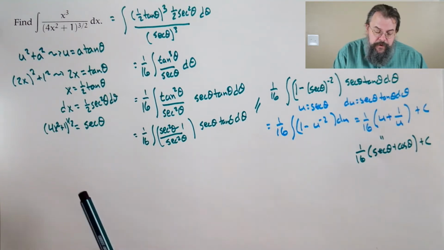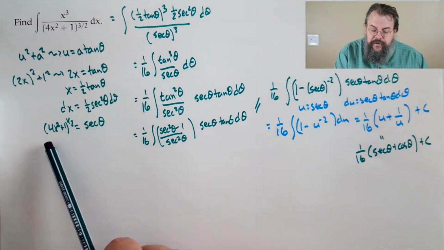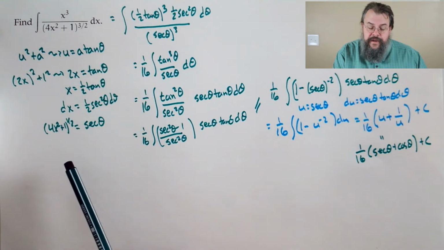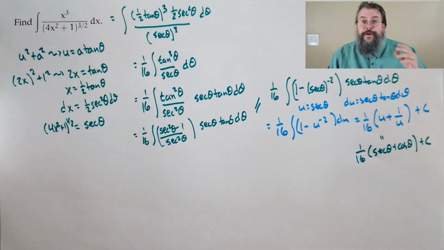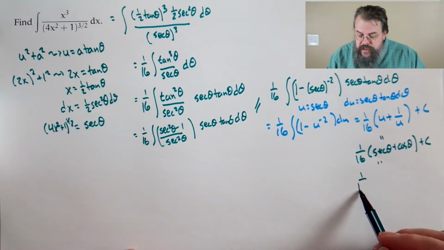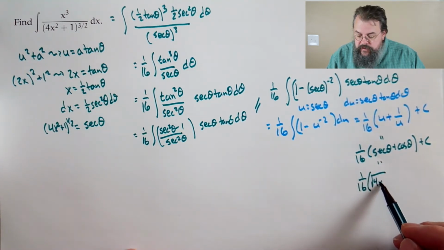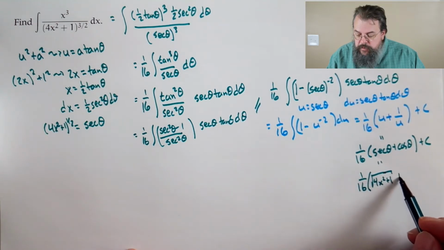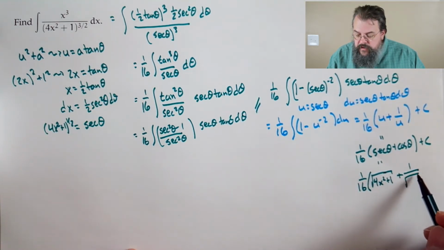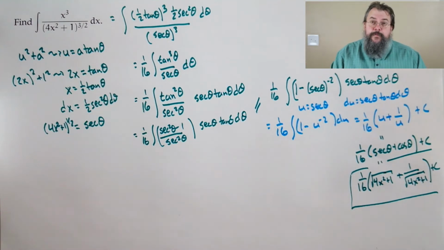Well, actually, we know both of them because secant, look, it's right there. Square root of 4x squared plus 1. And so what is cosine? It's 1 over that. So we end up with 1 over 16 times the square root 4x squared plus 1 plus 1 over the square root 4x squared plus 1. And we're done. That's it.